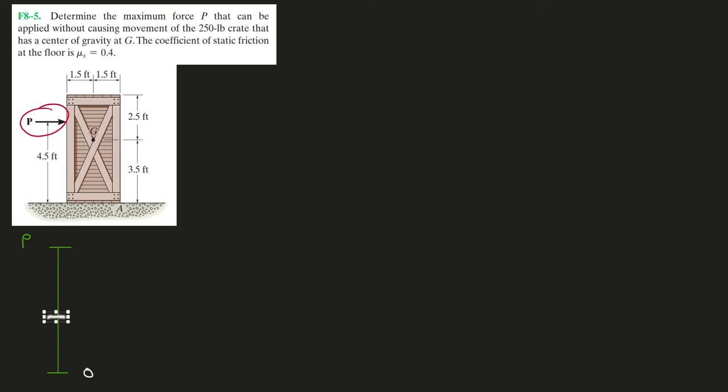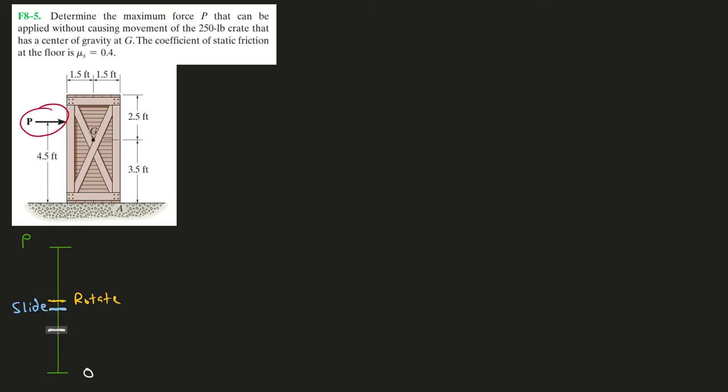The question is, which will happen? Will the crate start to rotate first? Or maybe it starts to slide first. As we're increasing that force, one of these situations will be the one that actually happens.